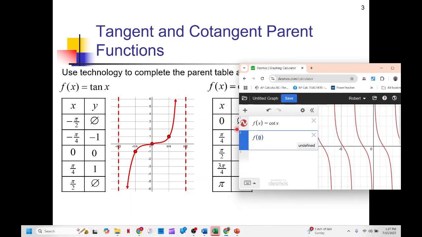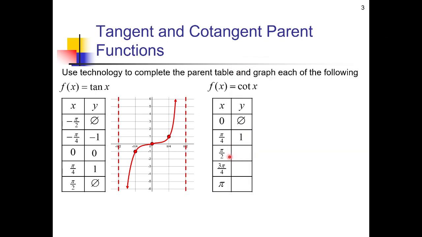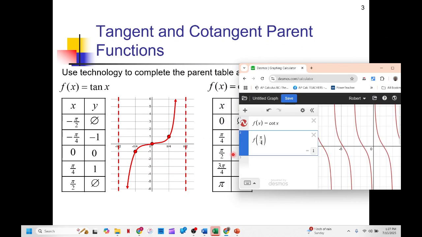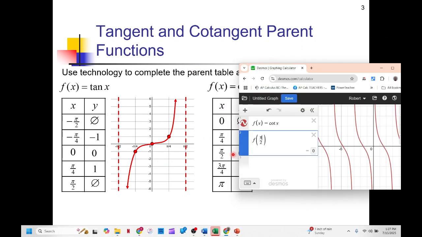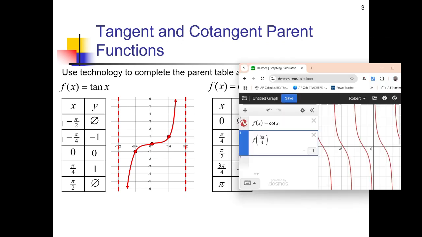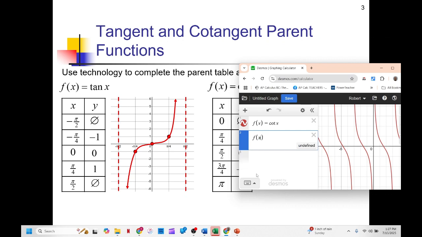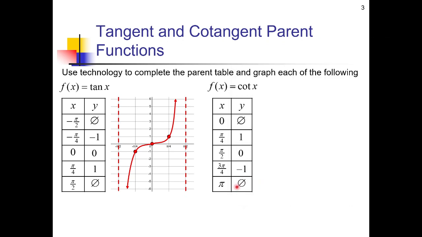And then we'll do pi over 4, comes out to 1. Pi over 2 is 0. 3 pi over 4 is -1. And then just plain old pi is undefined.